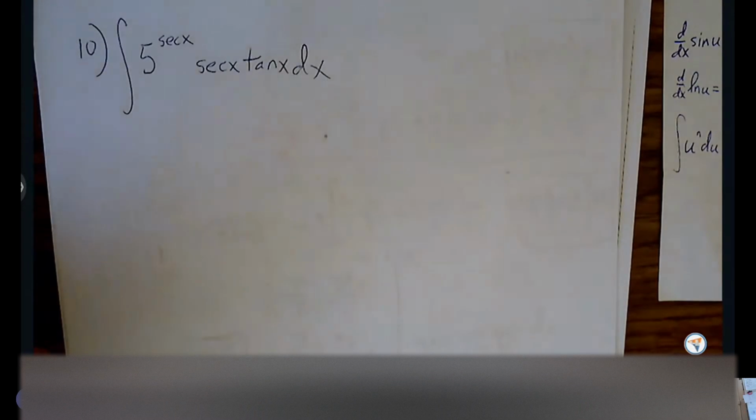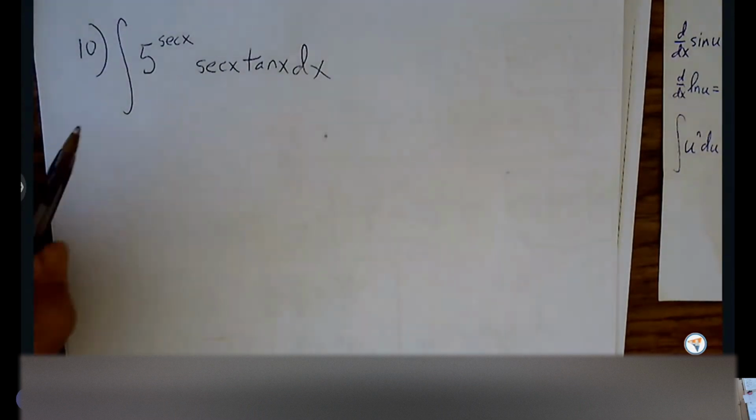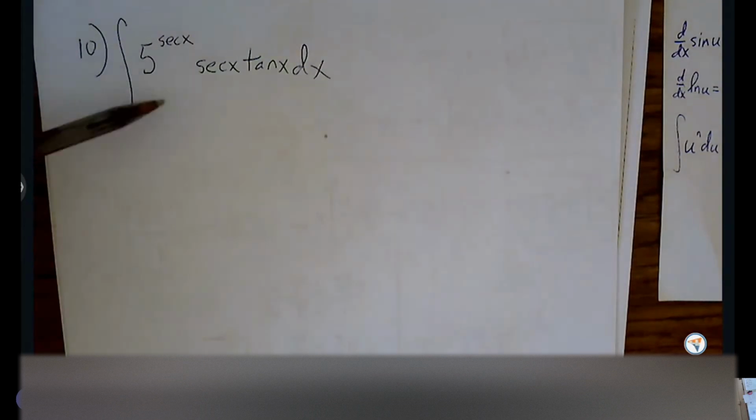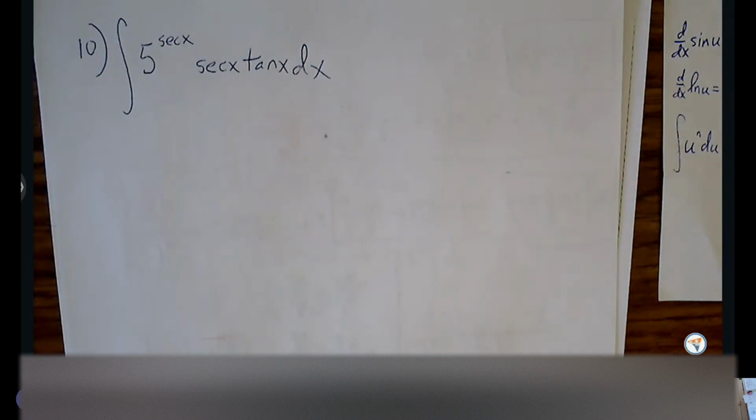So when I see this problem, I know that this doesn't match any of my rules. It's just too much going on, right? There's an exponential, there's secant, tangent. I already know that I can't just match a rule and use it. And expansion is out of the picture as well. It's not even the same family of functions here. So it's got to be u substitution.